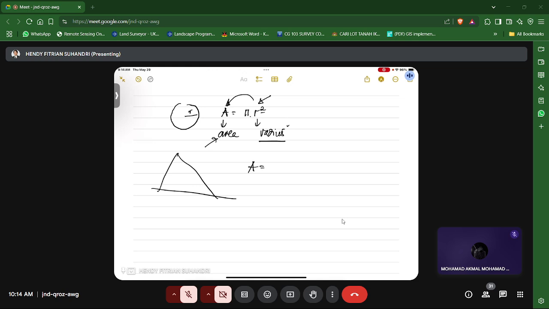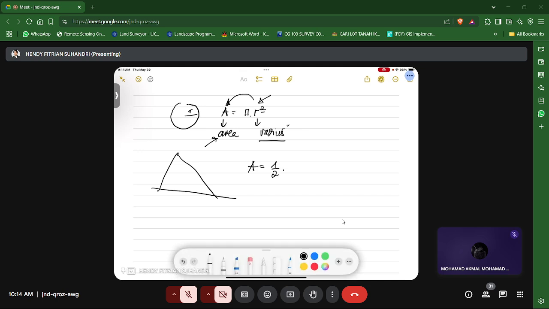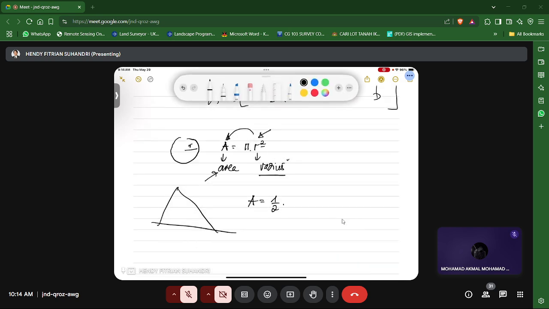The area for a triangle is denoted as half times, let's say, our triangle, and this is the height, for example, like this, and this horizontal side, let's say A or L. So the area is half times L times T.